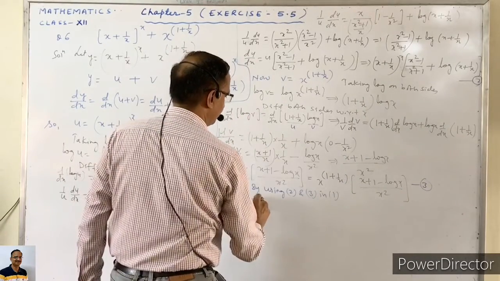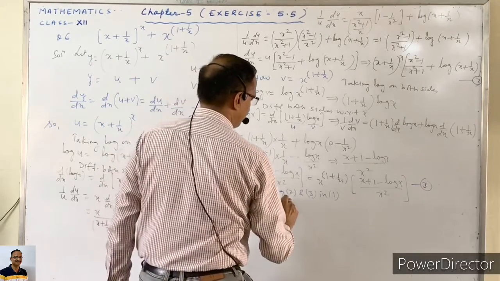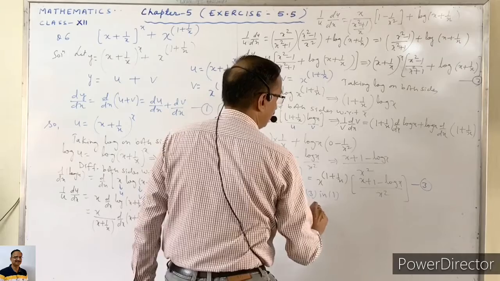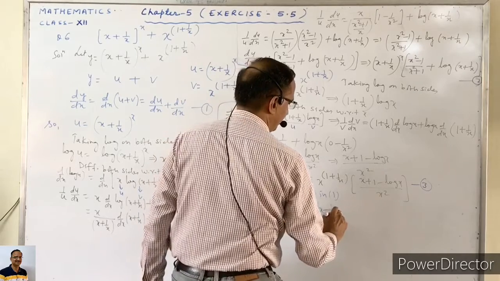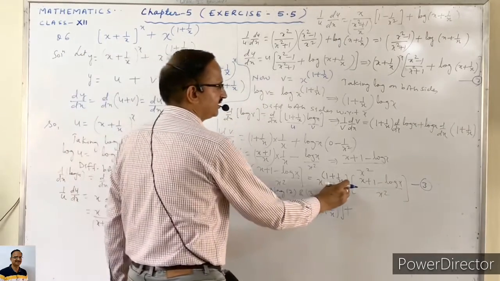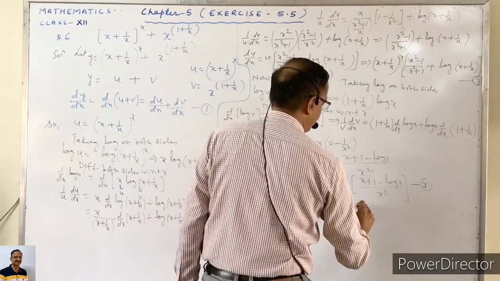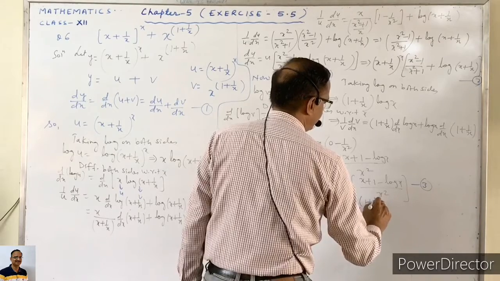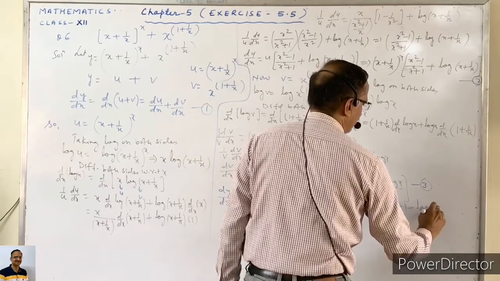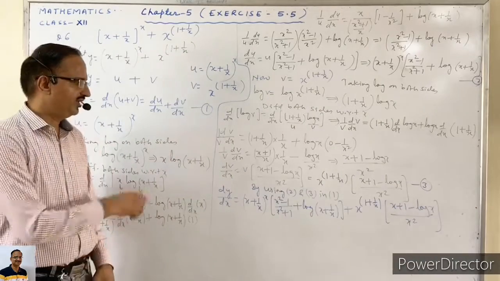So this is (x + 1/x)^x, in bracket (x² − 1)/(x² + 1) plus log (x + 1/x). Now this is the value of dv by dx. So by using third we can write x^(1 + 1/x), in bracket (x + 1 − log x)/x². So this is the value of dy by dx.